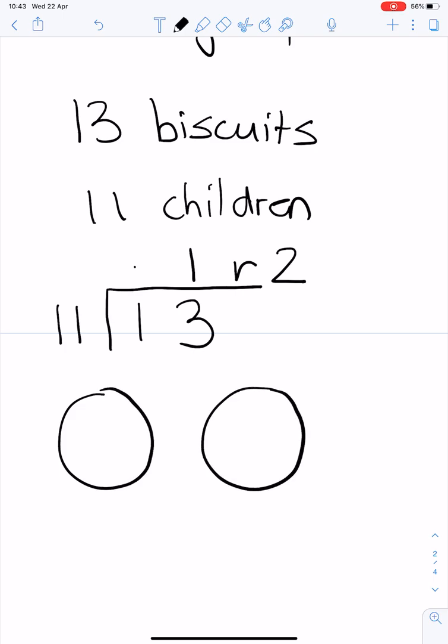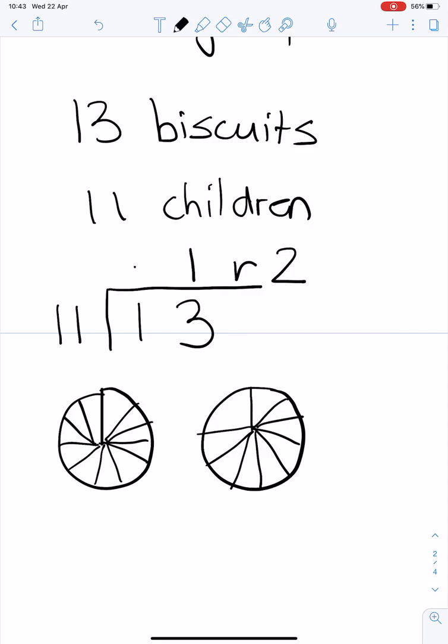Well, if I were to cut each biscuit into 11 pieces, my very unequal pieces, each of these pieces would be 1 out of 11.